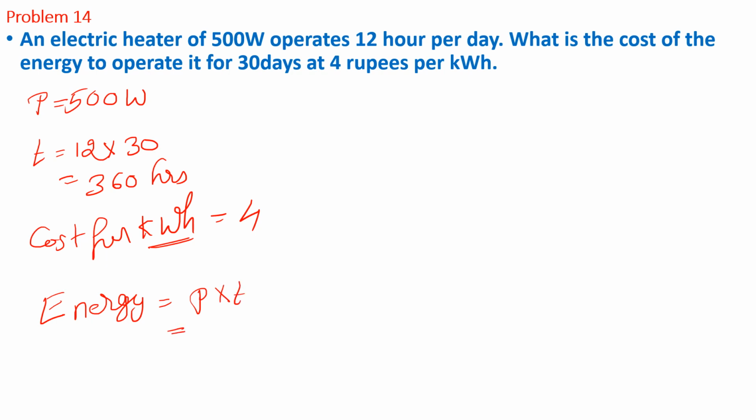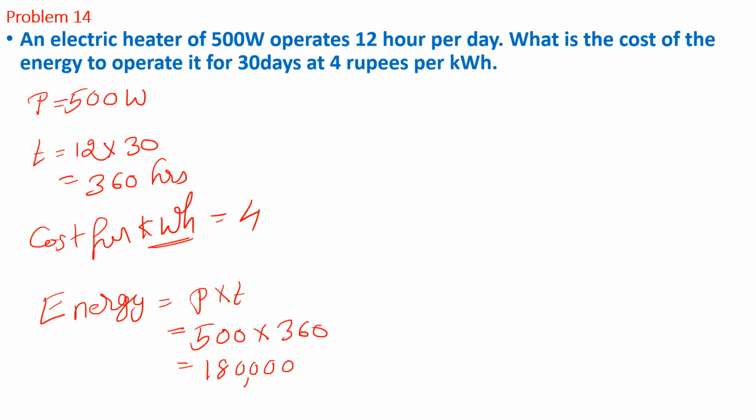Power is 500 into 360. 360 into 500 is 360 into 5, it is 3600, half of it, 1800. So I can write it as 180 kilowatt hour.